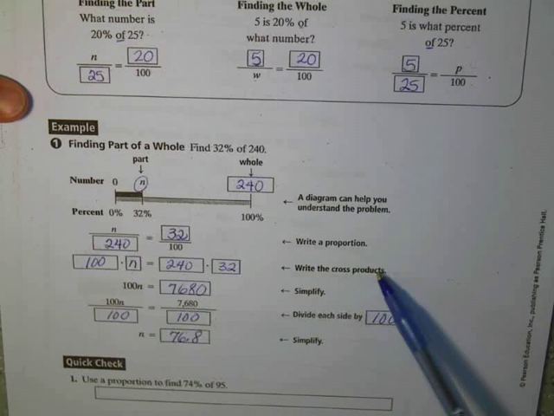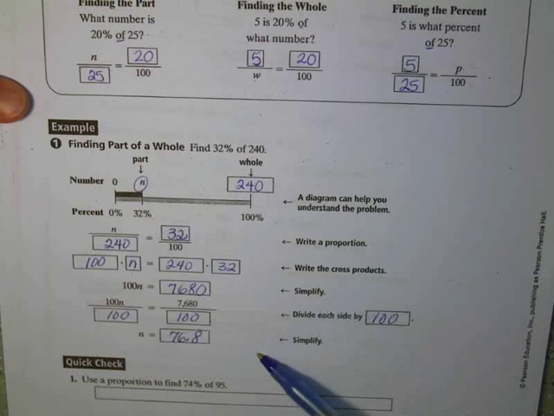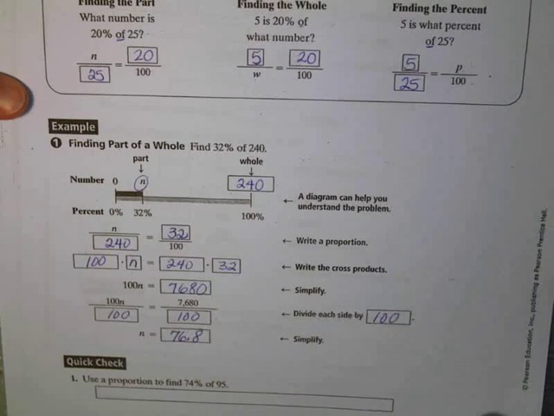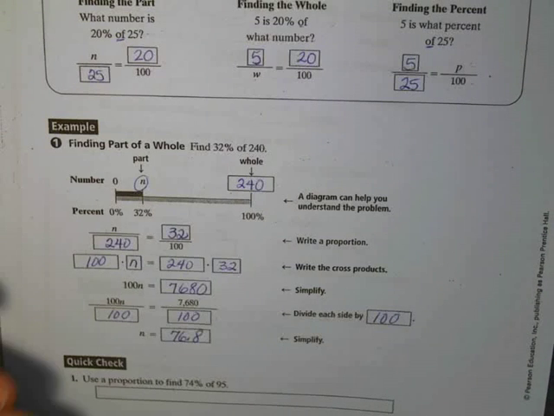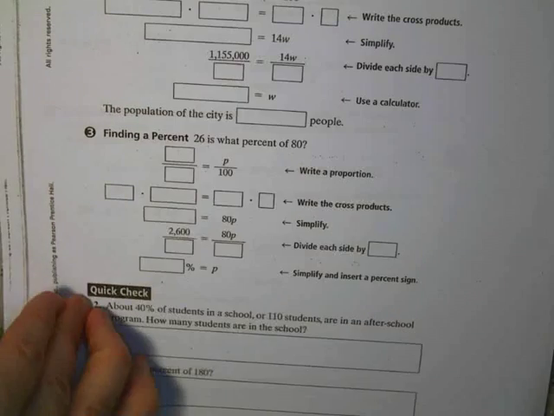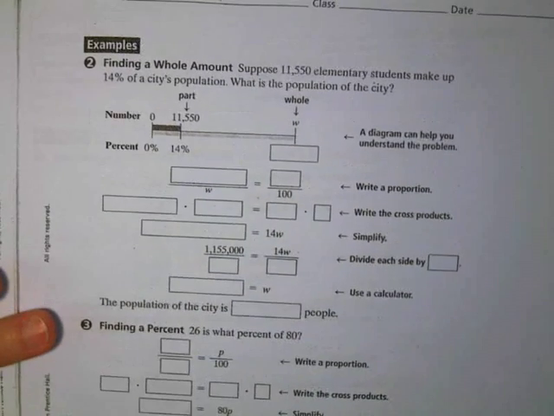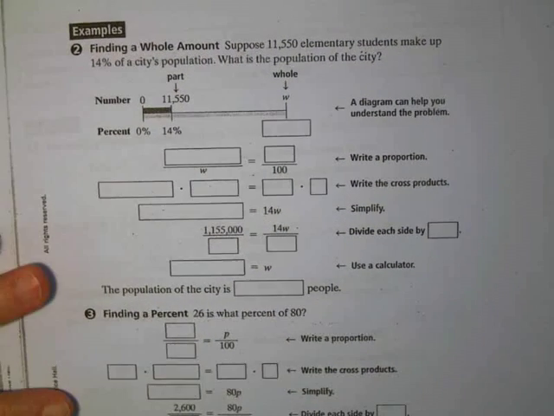So here we set up our proportion, and we used our cross products and algebra to solve. This is what I'm going to expect you to be able to do. I understand that there are shortcuts, but we are very much about processes this year, not always just the shortcuts. There's a quick check here. Save it for later, or do it now and pause. It's entirely up to you. I'm going to move on to example number 2.